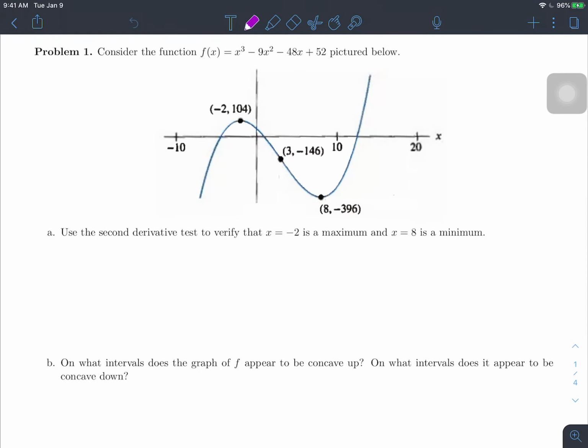First of all, let's have a little bit more practice with the second derivative test. If I were to find the points on this graph which have the derivative equal to 0, i.e. the tangent line is horizontal, it'd be at this point negative 2, and at this point positive 8.